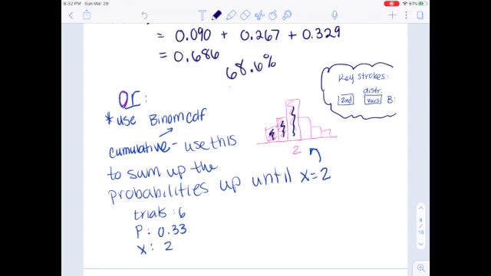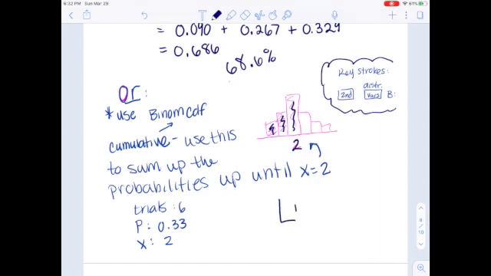What this does is sum up all the probabilities up until 2, and it always counts from left to right. So it's counting your left side. It's never going to count the right side, and I'll show you what to do when you have a more-than situation.